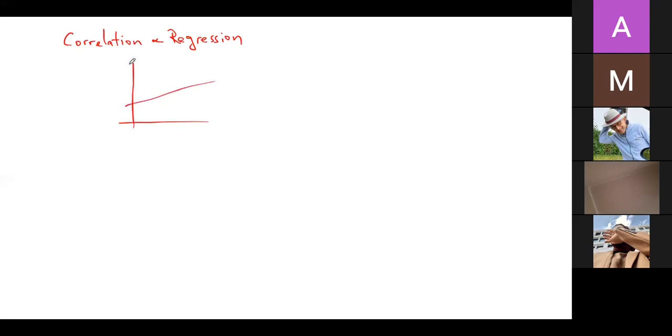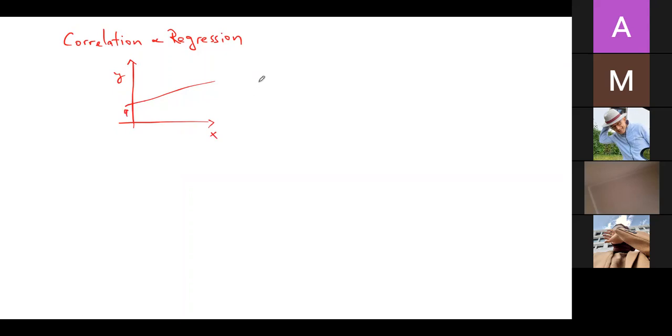This is the y-axis, this is your x-axis, and this is your line. From your math sessions, the point here is A.